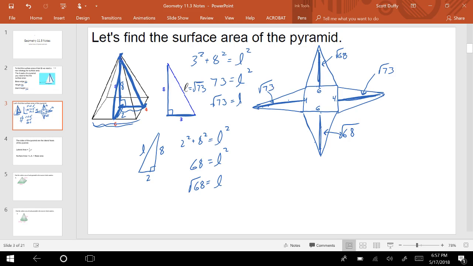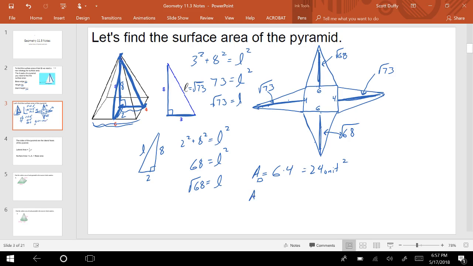So now that we have the base and the height of each of those lateral triangles, and we also have the length and the width of the base, we can find all of our areas. The area of the rectangle base is equal to 6 times 4, which is 24 square units.